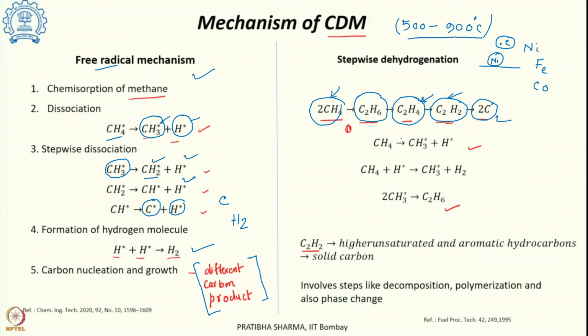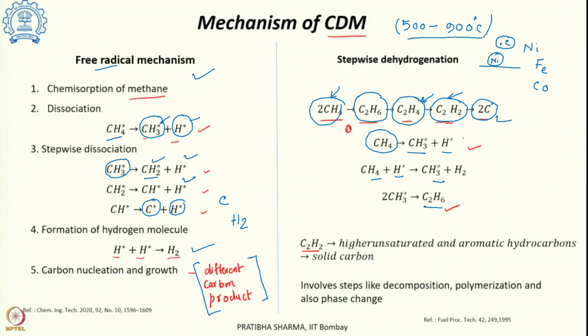This is how CH4 is decomposing. The mechanism also produces CH3 radicals and hydrogen radicals. CH4 again reacts with a hydrogen radical, forming C2H6.